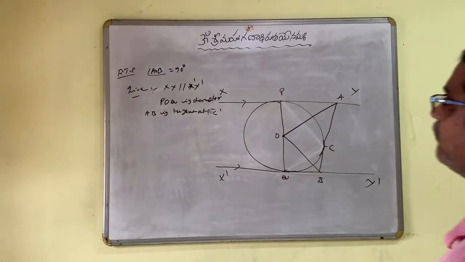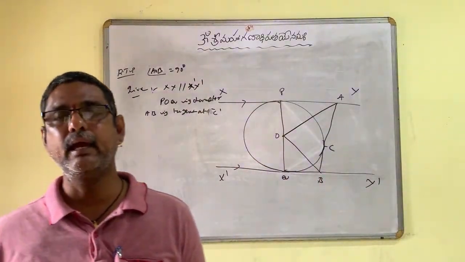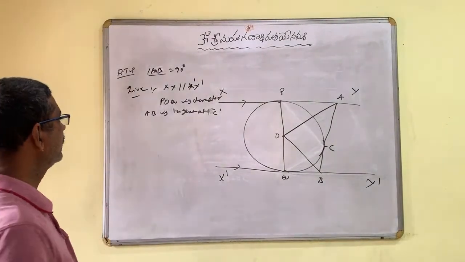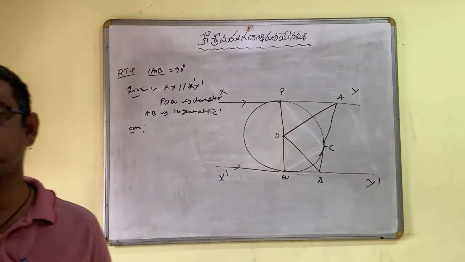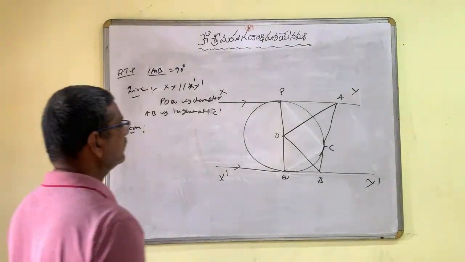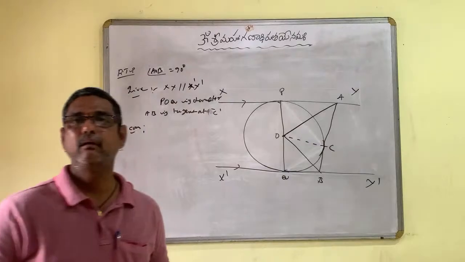Now, what we have to prove? Angle AOB is 90 degrees. Okay. Now, children, I need to do some construction over here. I will join OC.